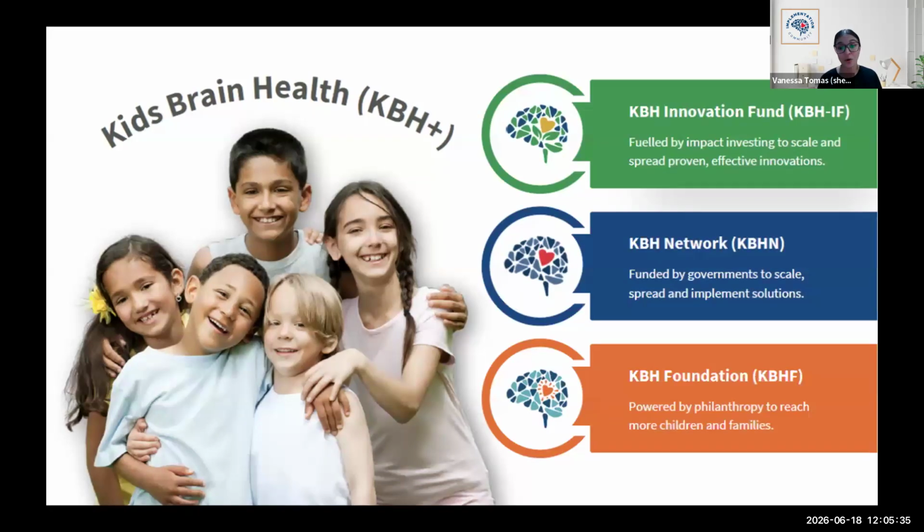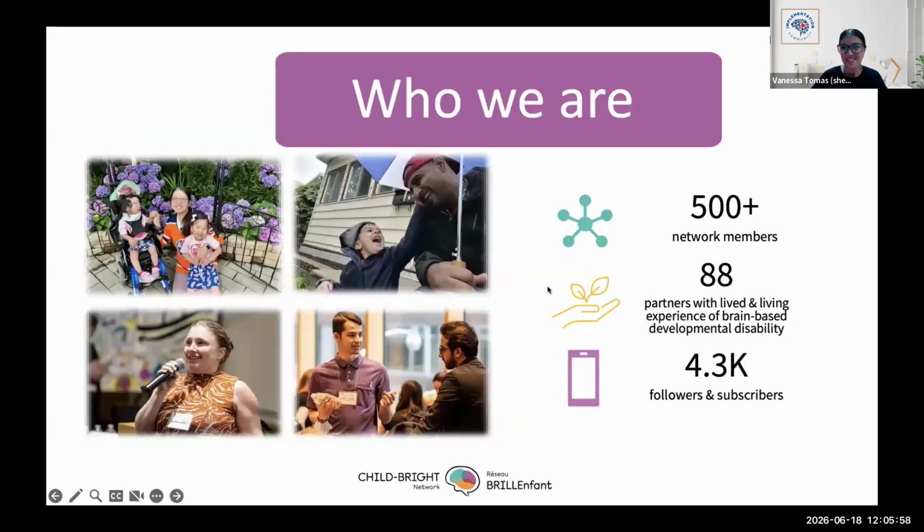The KBH network is fueled by the government and is around driving innovation, impact, spread, scale. And the foundation is powered by philanthropy and is really about increasing reach and access to more children and families across the country. And this is all done in partnership, such as these webinars with ChildBright. So I'll pass it over to Celia.